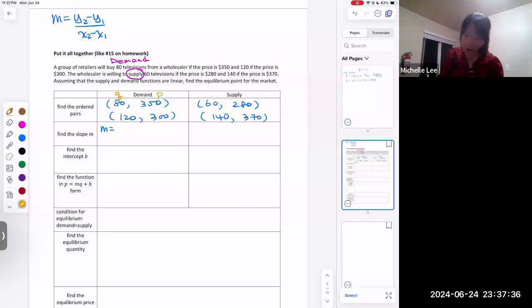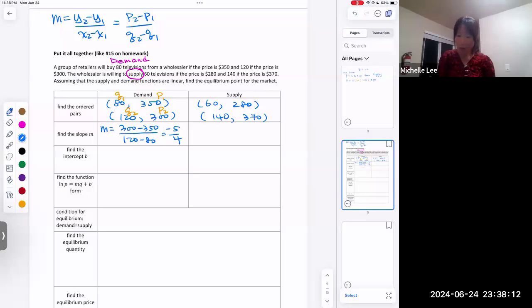This is Q sub 1, P sub 1, and this is Q sub 2, P sub 2. So price first: P sub 2 minus P sub 1 over Q sub 2 minus Q sub 1. So P sub 2, which is 300 minus 350, over 120 minus 80. So there will be negative 5/4.